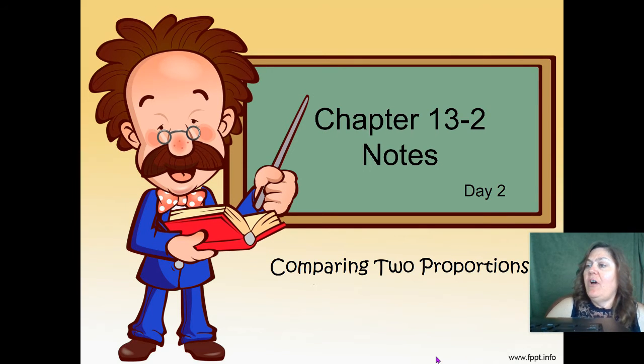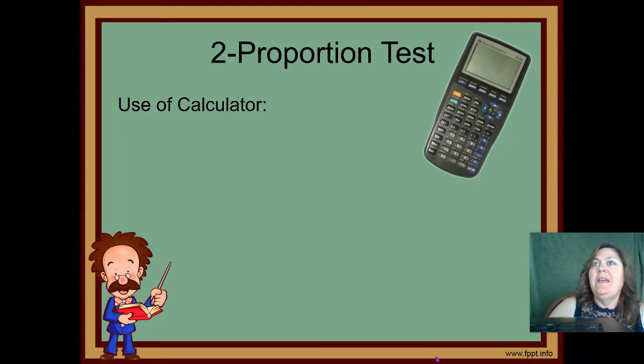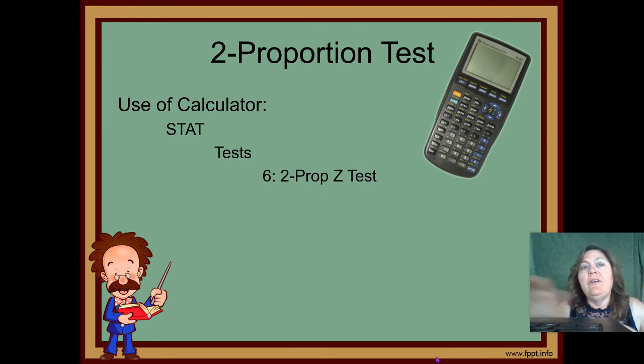Okay, just a couple of slides today in our notes, which you will be happy for. And that's just to show you how to do all these crazy calculations in the calculator. If we were going to do a 2 proportion significance test, you'd do the same thing, stat, tests, where we've been going, and now you're going to go to 2-PropZTest.